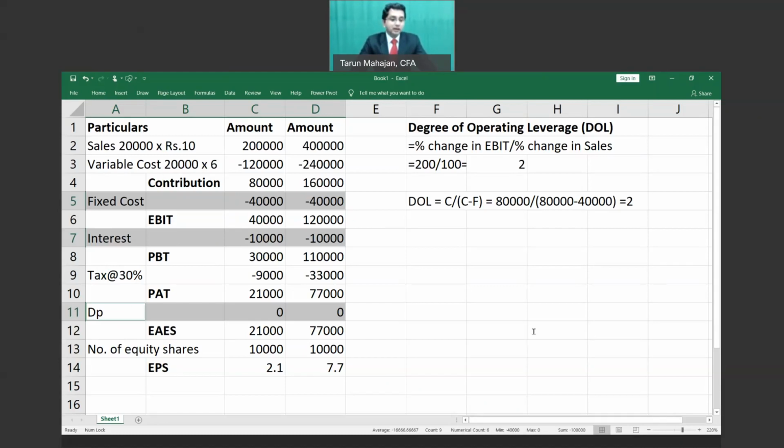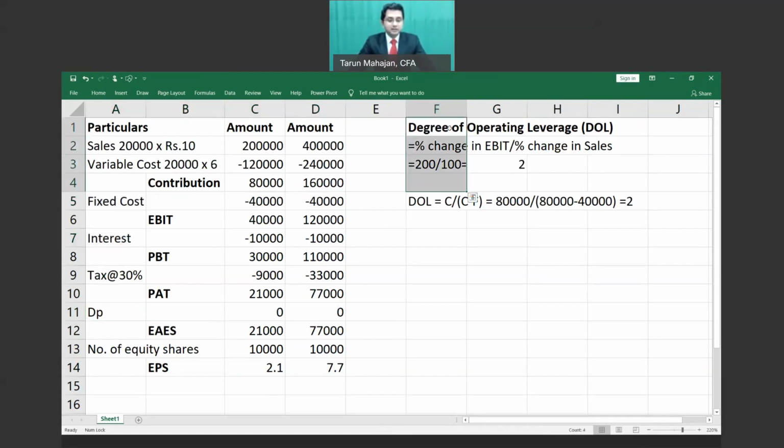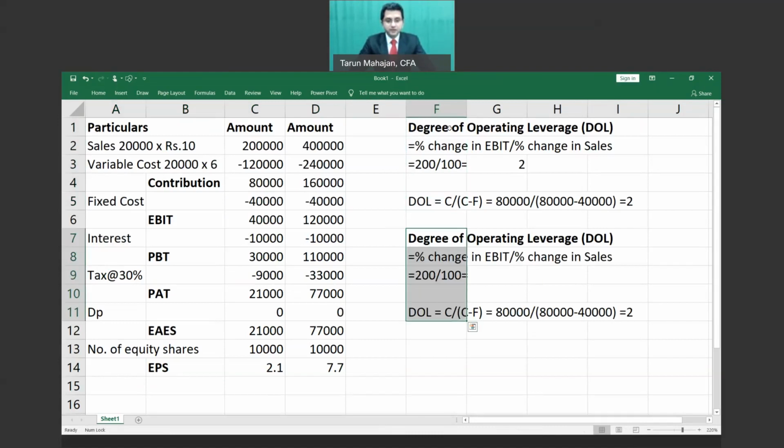So if I want to calculate degree of financial leverage and degree of total leverage, look, how do I do that? I'll simply say the degree of financial leverage, which may be named as DFL, is the percentage change in EPS with respect to percentage change in EBIT.